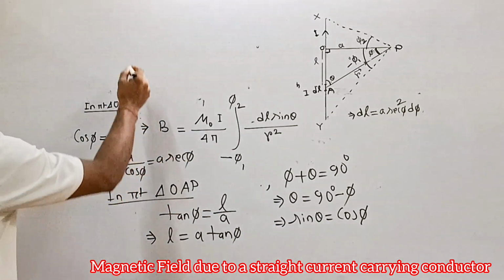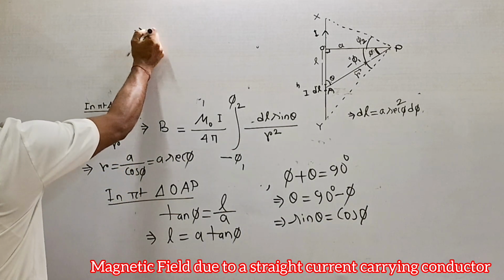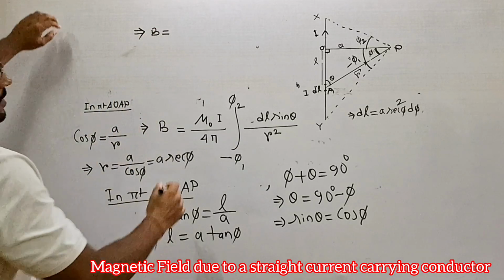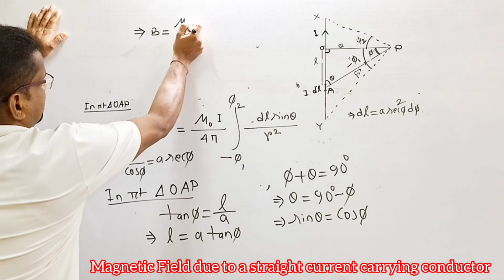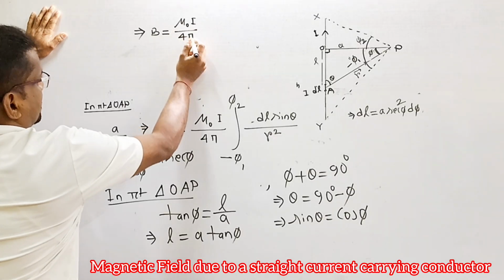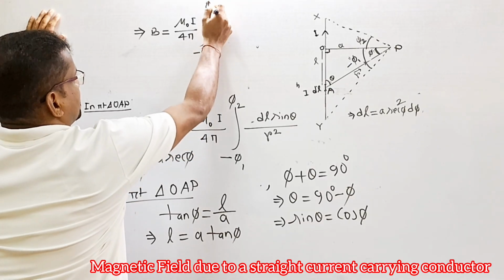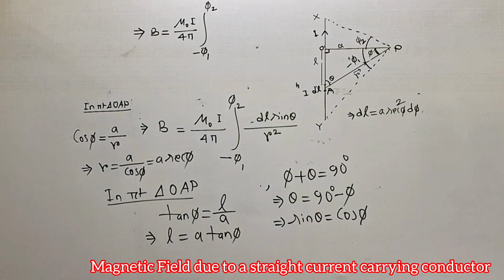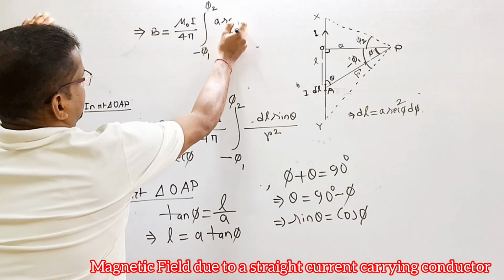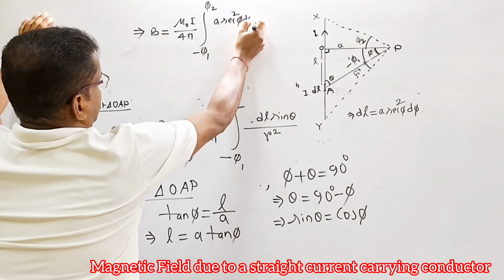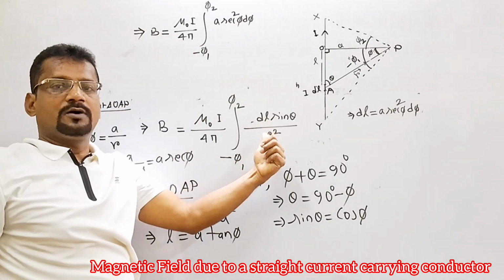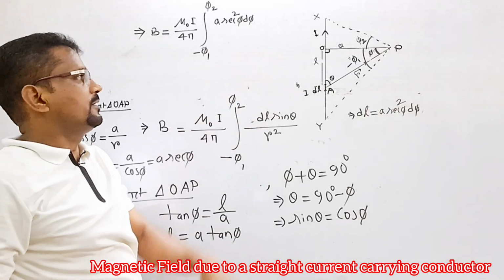Now you see B equals mu naught I by 4 pi, integration from minus phi 1 to phi 2, first dL is a sec square phi d phi.